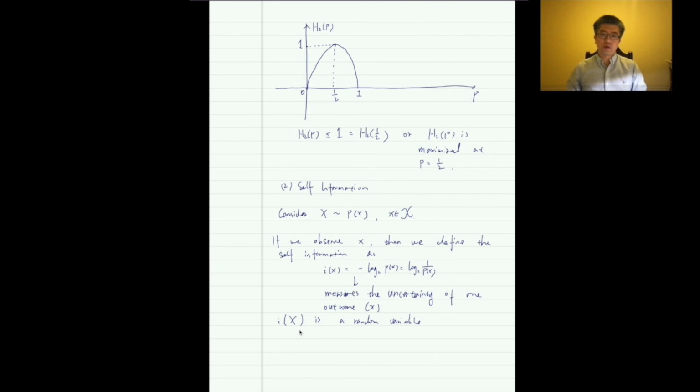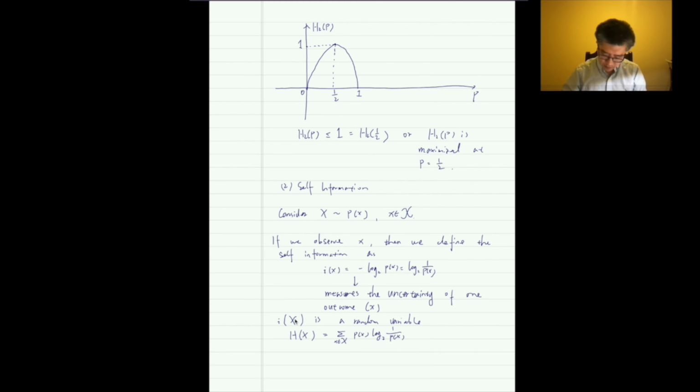Now let's rewrite the entropy of X and see whether we can represent it as a function of self-information. It turns out that we can. Let's recall the definition of entropy again.